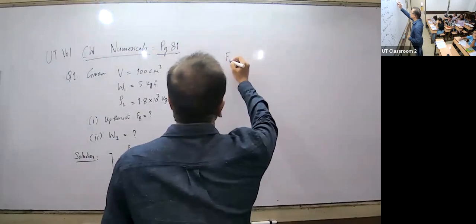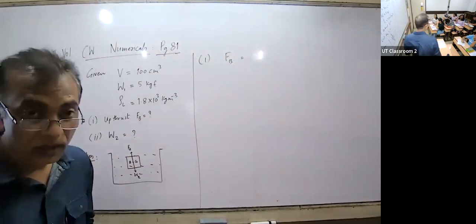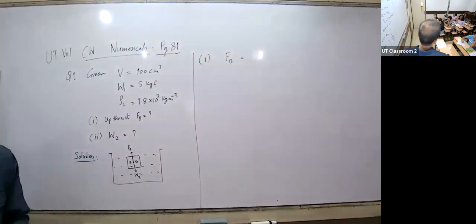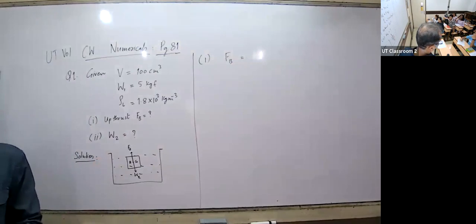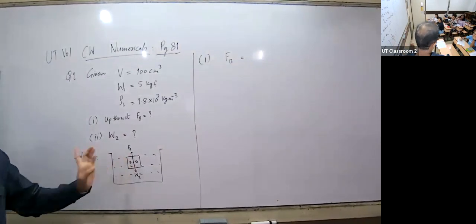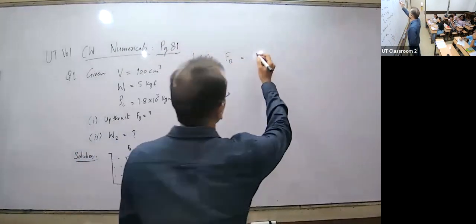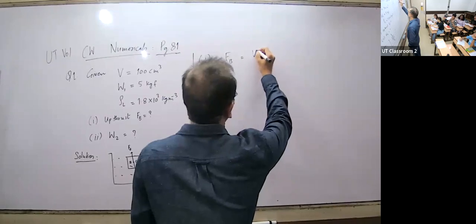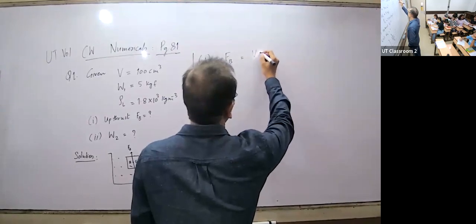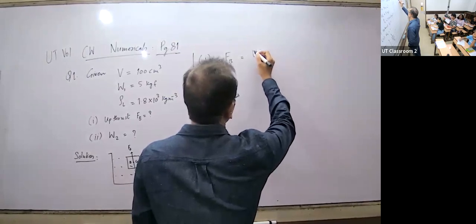What is upthrust? Upthrust is given by the weight of liquid displaced by it. So how will you give the weight of it? It is volume of liquid displaced multiplied by density of liquid displaced, so this is the mass.